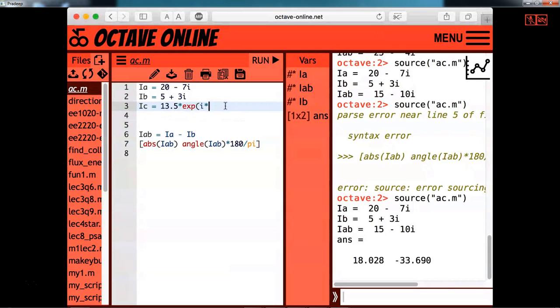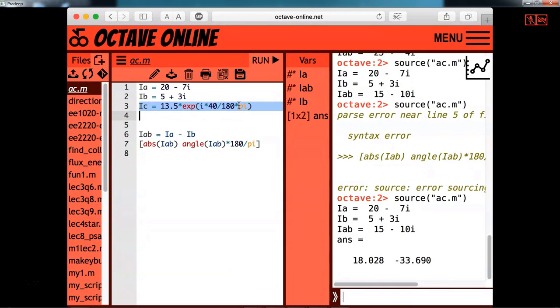So 40 divided by 180 multiplied by pi. So like this we have to give. So you once again look at the third row. IC is first magnitude multiplied by e to the power of I theta. So the theta should be in radians. So I converted into radian. Divide by 180 and multiply by pi. So now if I save, IC value is there.